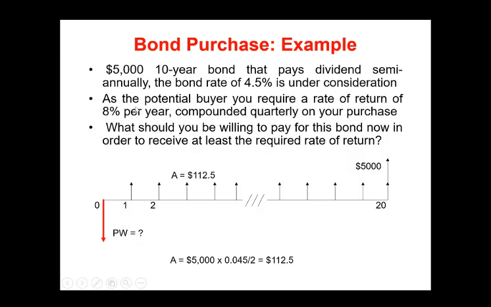That means 8% per year is the nominal interest rate, okay, nominal interest rate per year, compounded quarterly. Okay, but the dividend payment period is semi-annual. Here it is compounded quarterly, so from the 8% per year nominal interest rate, you have to calculate the interest rate per quarter.